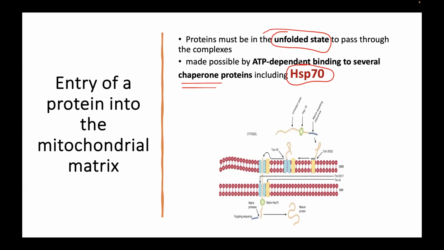So question, what specific chaperone is required for proteins to enter the mitochondrial membrane? HSP what? Needed to enter the mitochondrial membrane. That is specifically HSP 70. You need to memorize that.